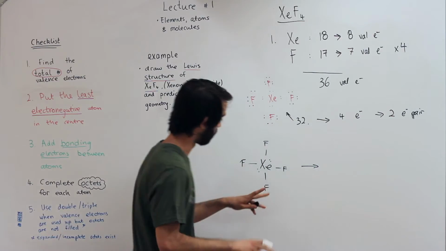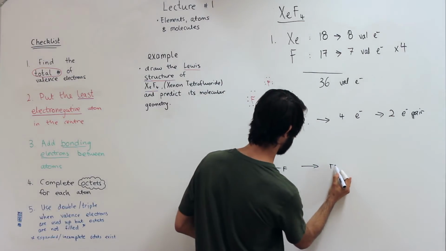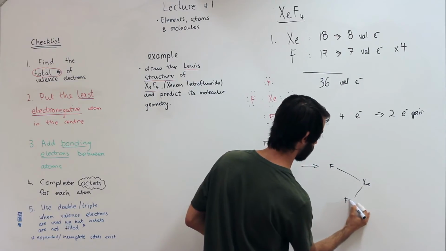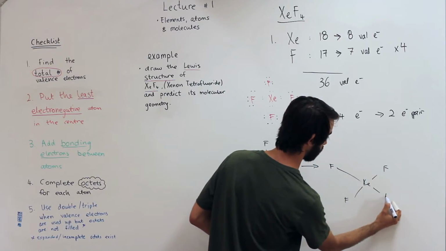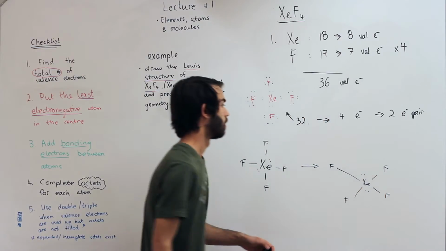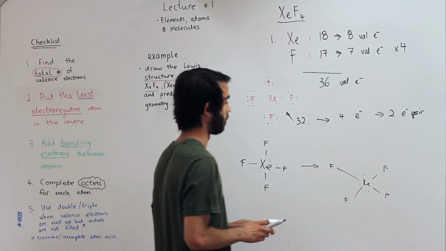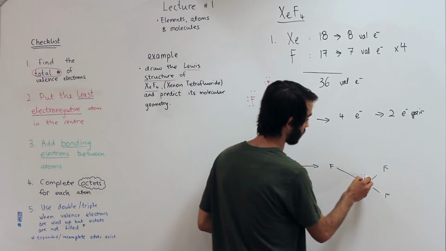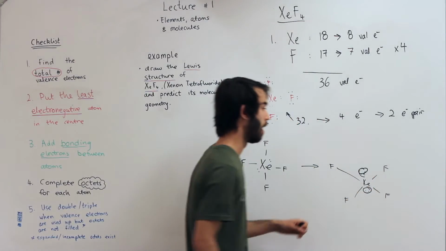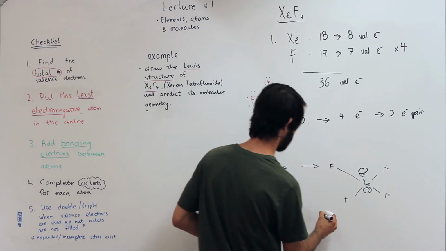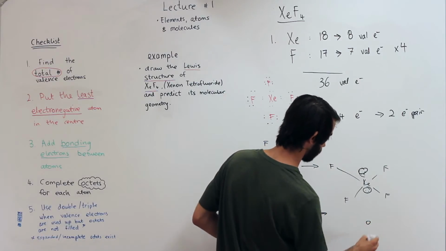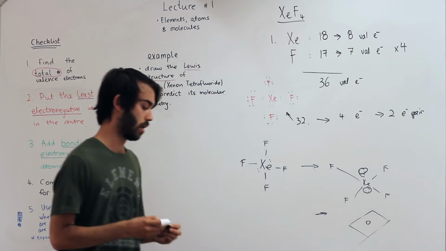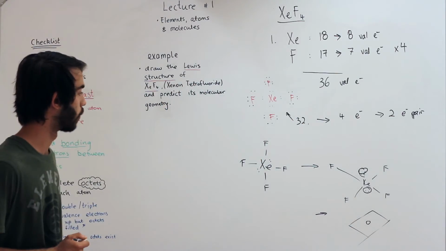And from here, I think drawing it out in this planar manner, like so, will make it slightly more obvious when you come to draw it and try to predict its geometry, because from here you see that if this was lying on the plane of the page, we have these 2 electron pairs above and below, and this will turn this atom in the center of the square, and we can think of this as a square planar on the page. And therefore we call this compound a square planar.